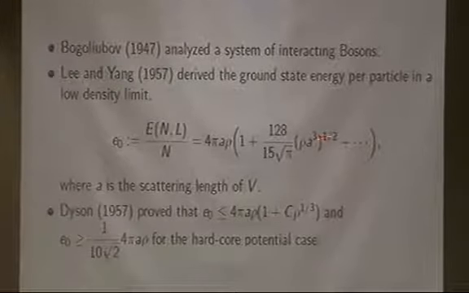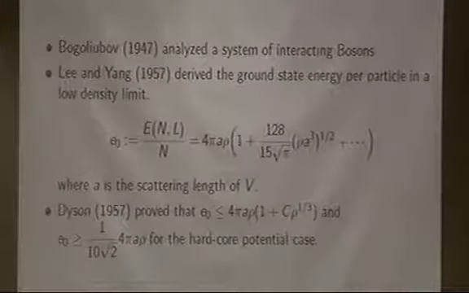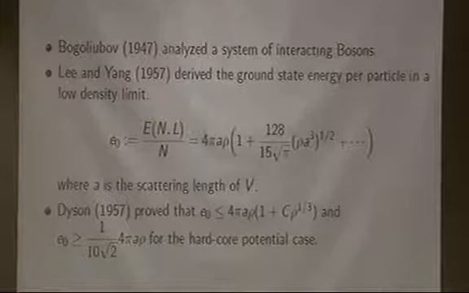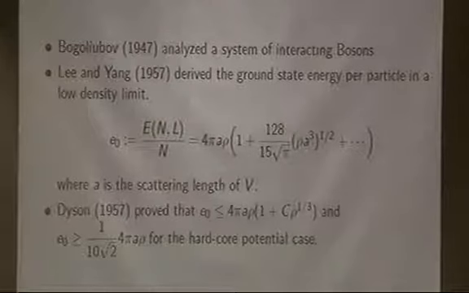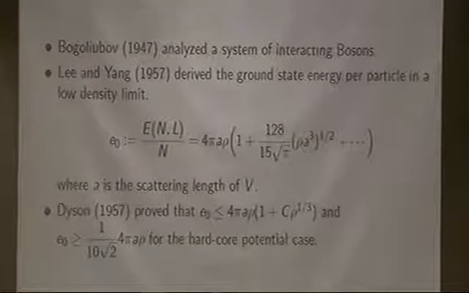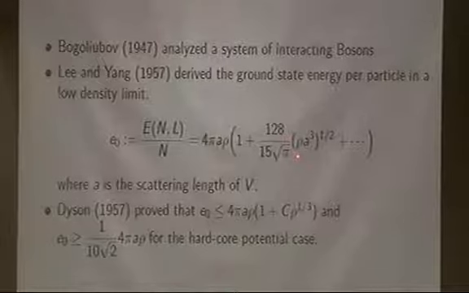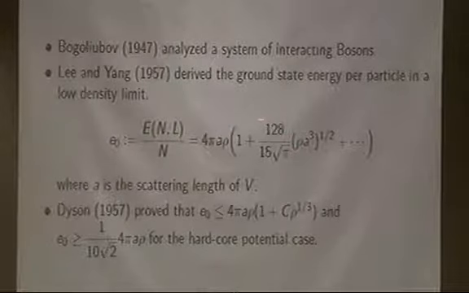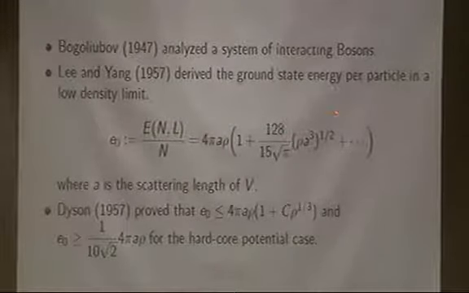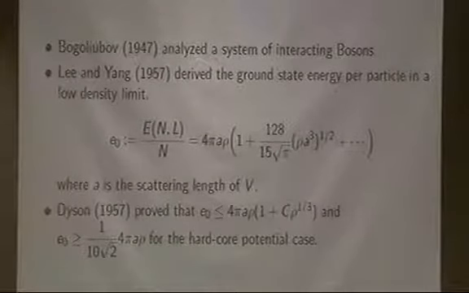So A is not terribly important in this calculation because we just consider A as a constant. A does not change. If we want to have this precise constant, 128 over 15 square root of pi, then we need to include this A in the calculation.